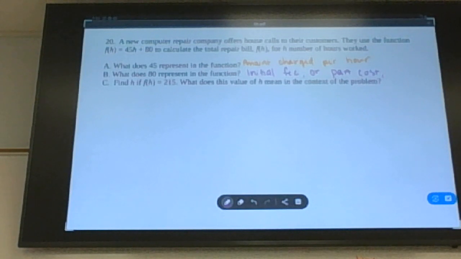And so, if f of h equals 215, what does the value of h mean in the context of the problem? Anybody have an answer for this? It's worded very weird. Thomas.